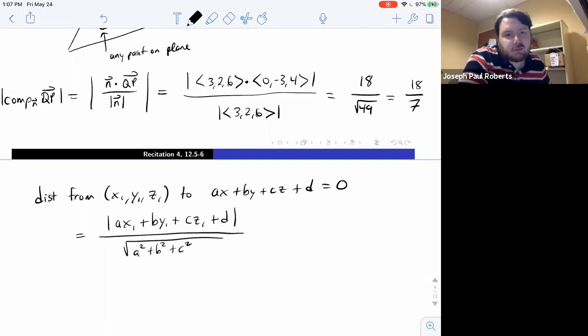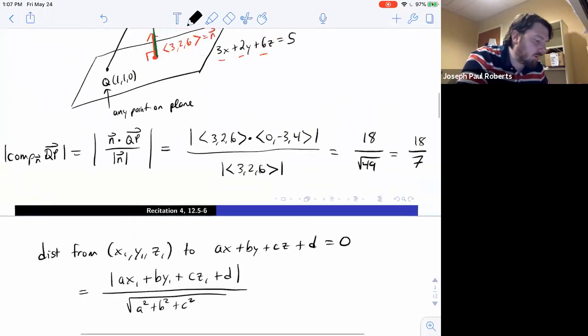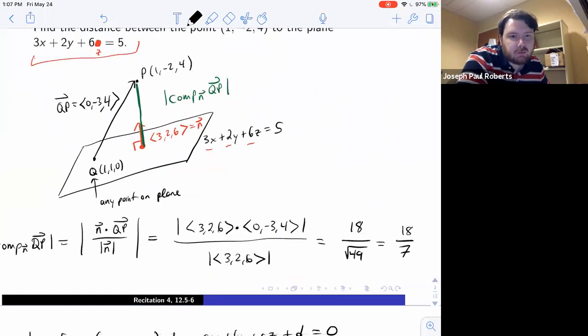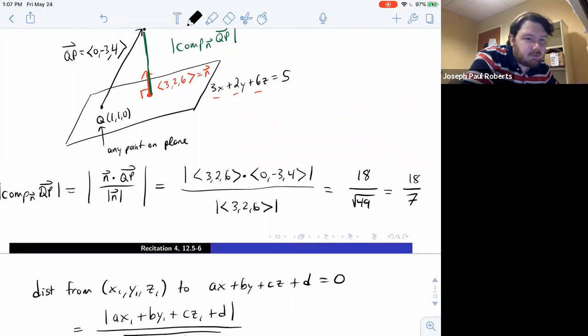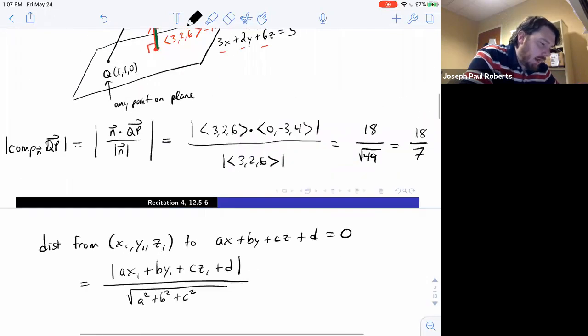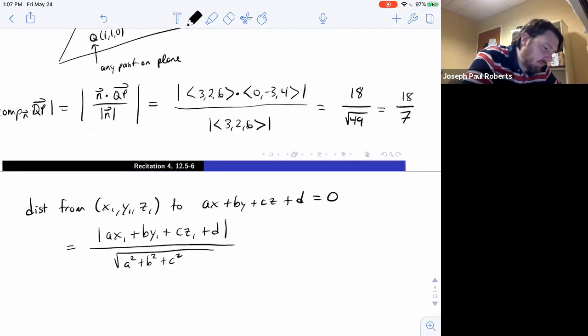So this formula is derived from drawing this picture and just doing it all in terms of a, b, c, x1, y1, z1, but it's the exact same idea, but I found in the past that students like having a formula that they can use.